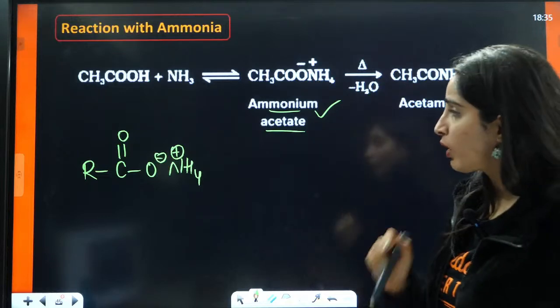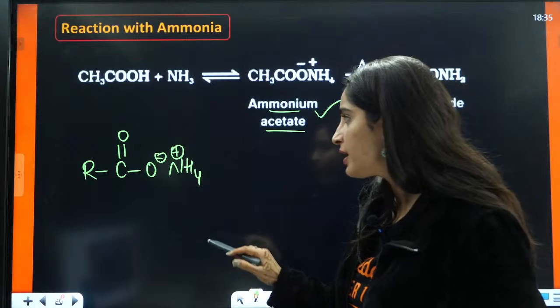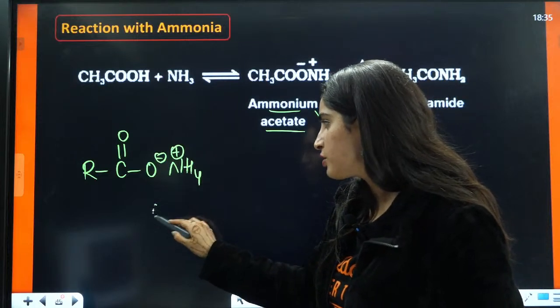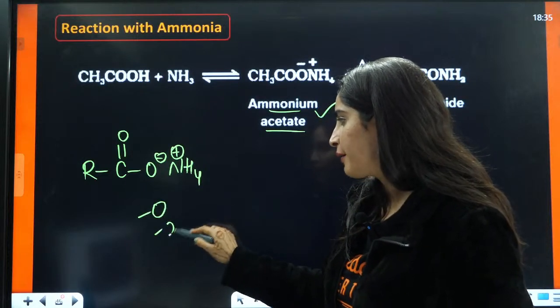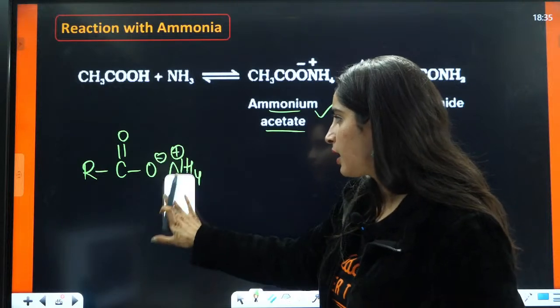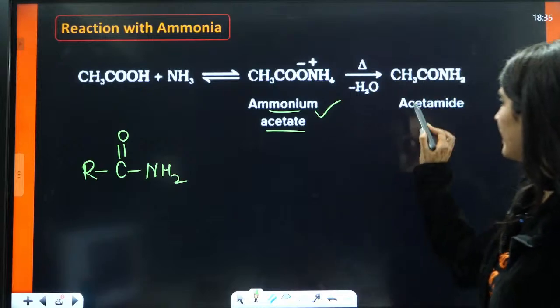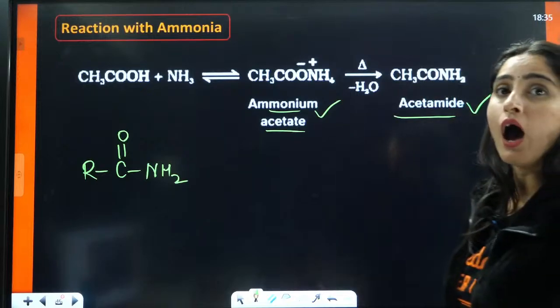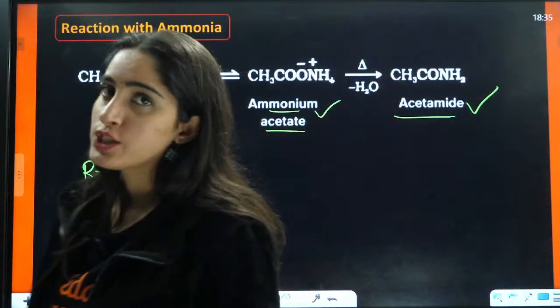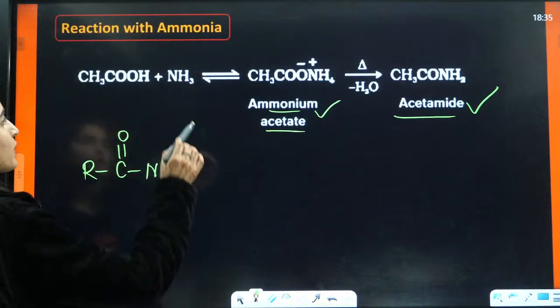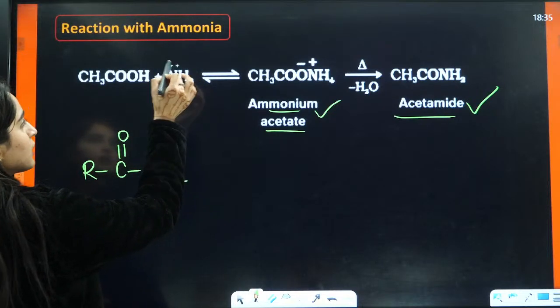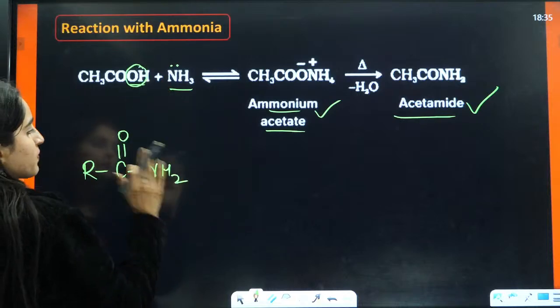After taking out water from here, meaning one oxygen and two hydrogens, it will become NH2, and hence you will have the formation of an amide. So basically you can say that on reaction with ammonia, OH is replaced by NH2.